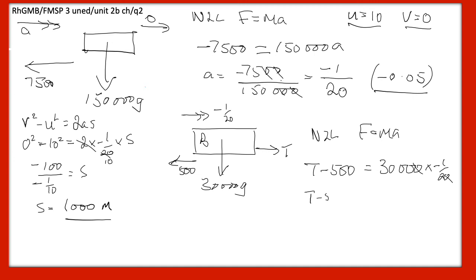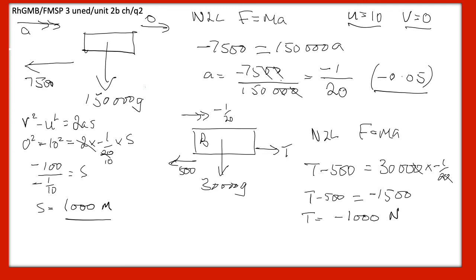So T minus 500 is going to be, well, I've got 3,000 divided by 2, which is 1,500, but it is minus. So therefore T is going to be, adding 500 to both sides, minus 1,000 newtons.